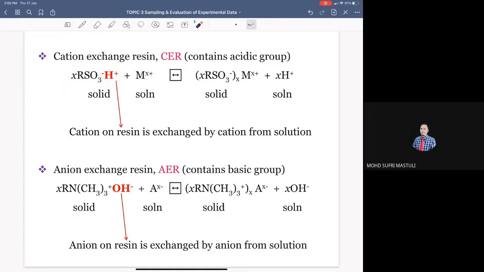So the cation from the solution will be exchanged with the cation on the resin. We also can have anion exchange resin. Normally the anion is hydroxide ion. This anion on the resin will be exchanged with the anion from the solution.